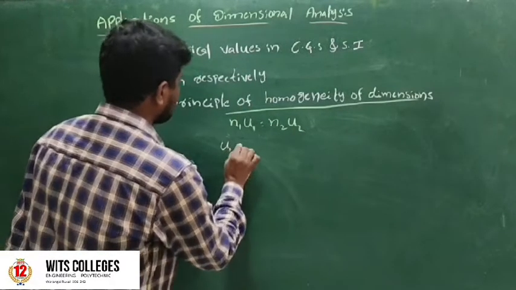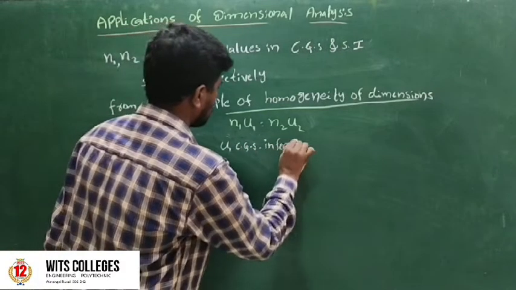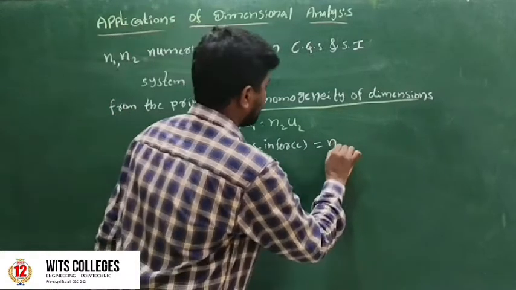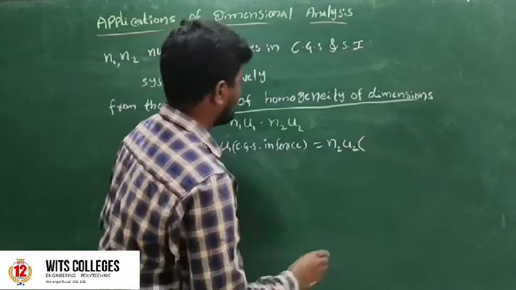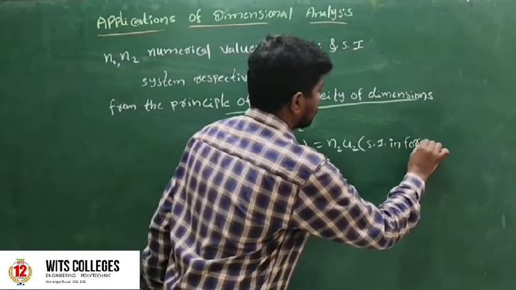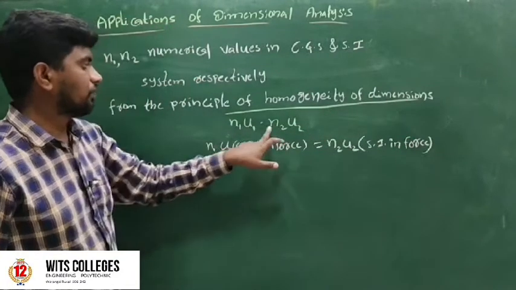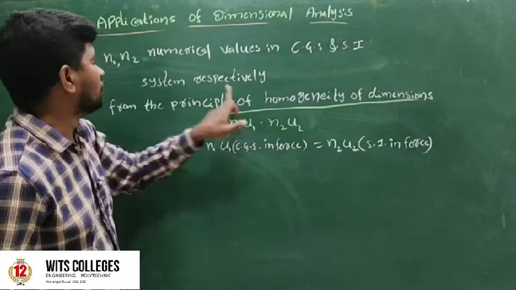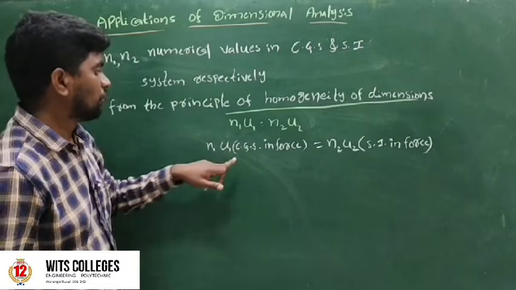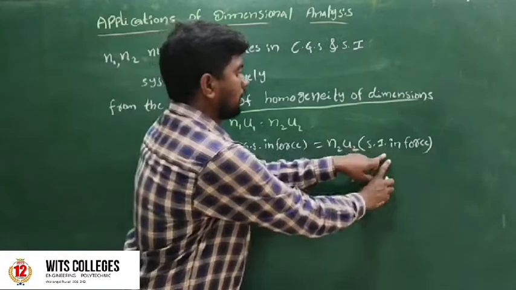U1 means the CGS system of force, and U2 means the SI system of force.